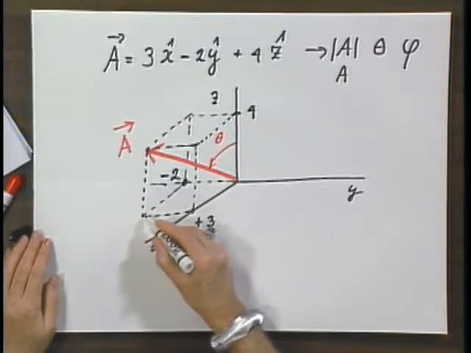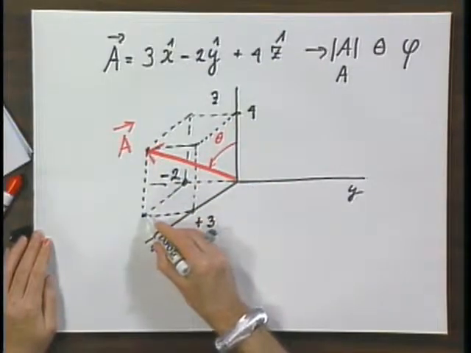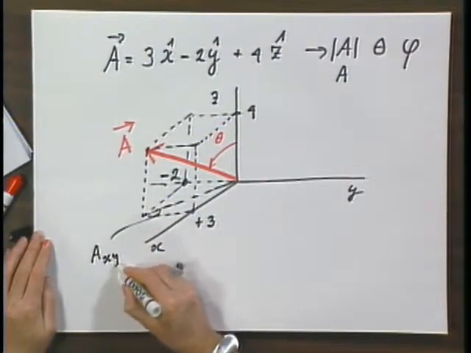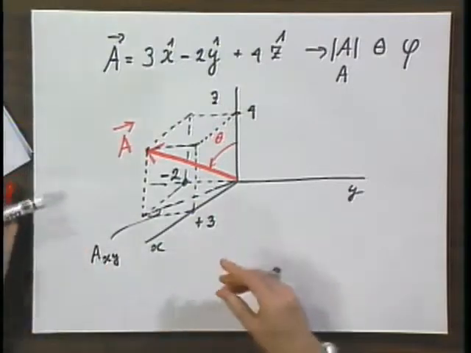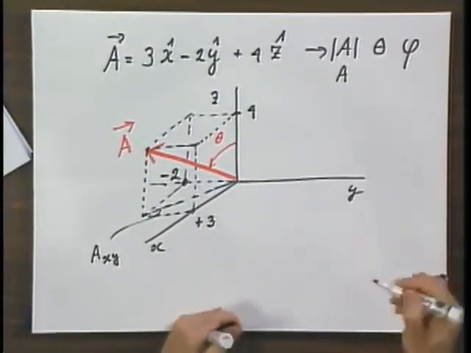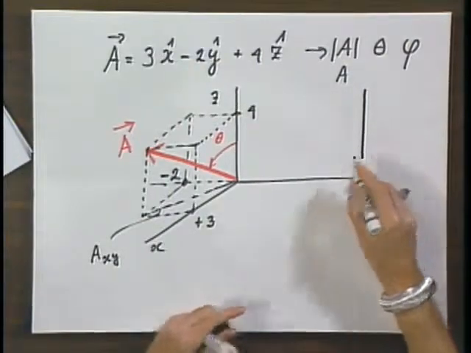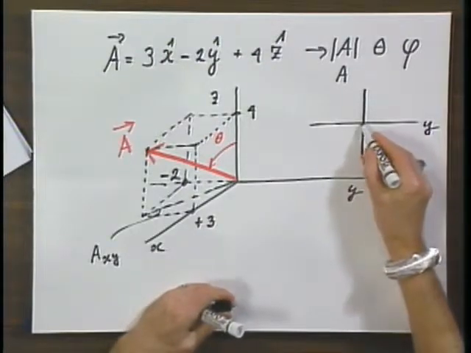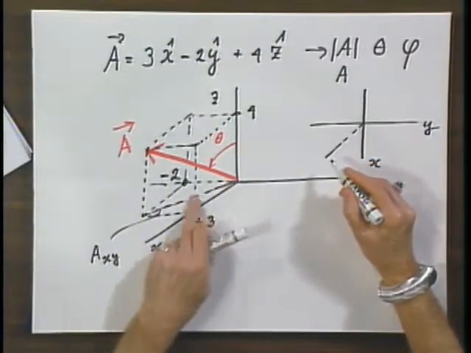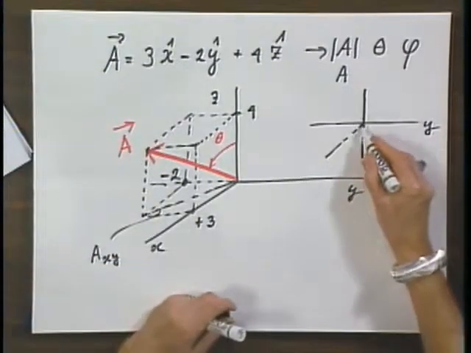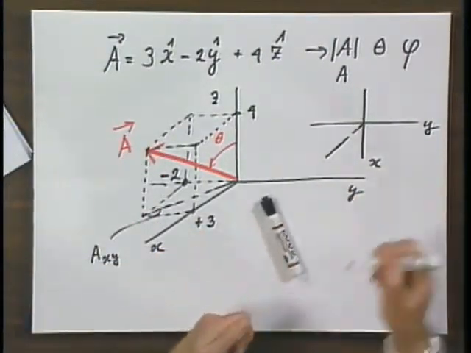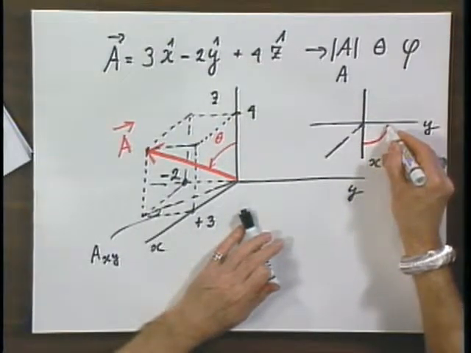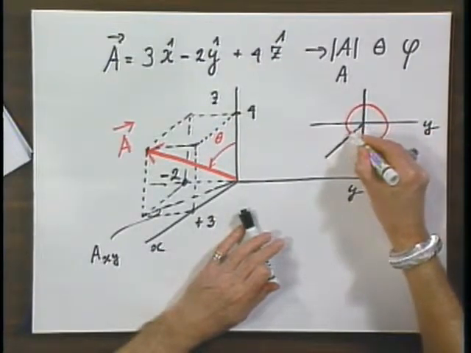Now, to find the angle phi, I first have to project the vector A onto the xy plane. So I call this A of xy. And remember how we define the direction of phi. If this were a view from above, and this is y and this is x, and this is where the projection of the A vector onto the xy plane is, then the angle phi is defined from the positive x-axis in the direction of the positive y-axis all the way to here.